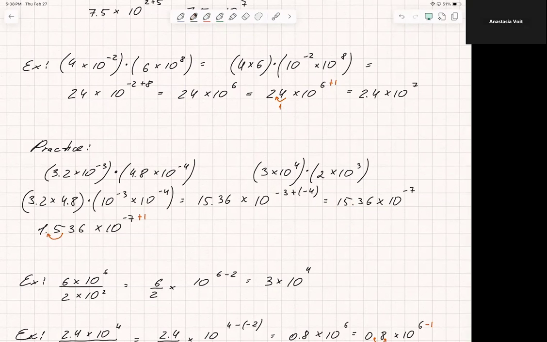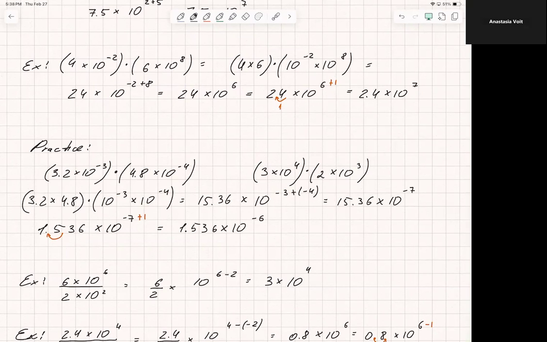We add 1 to that, and this new answer becomes 1.536 times 10 to the power of, now, negative 7 plus 1 is going to be negative 6, right? So this is a correct answer for this multiplication.